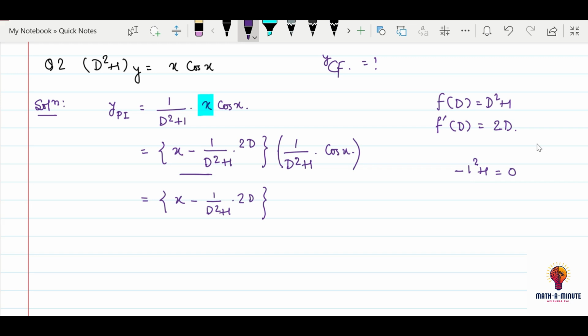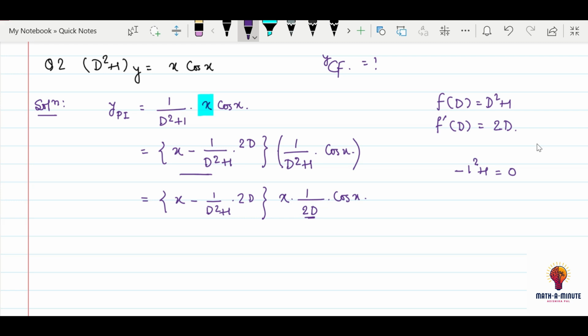We multiply by x and differentiate the function, which gives x times 2D by D square plus 1 of cos x. Now we can't directly put the value of a here, because this is a function of D, not D square. So first we have to make this a function of D square.